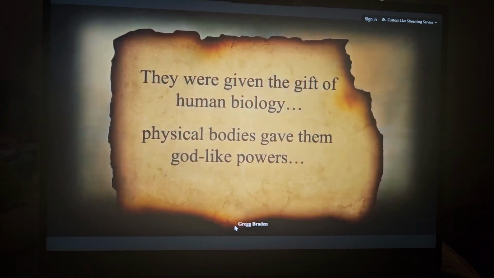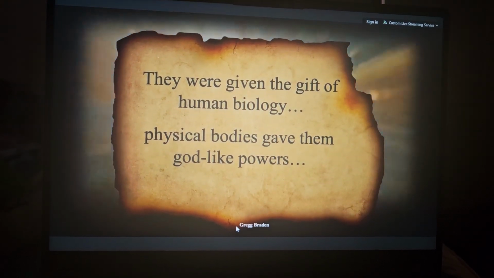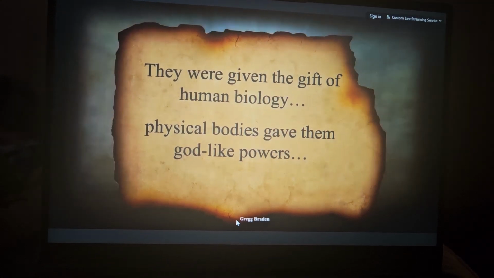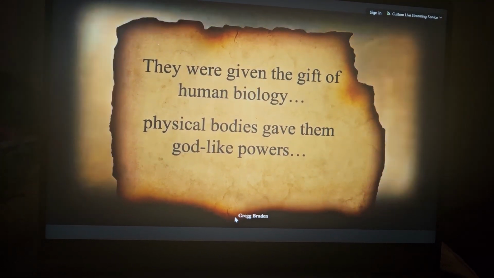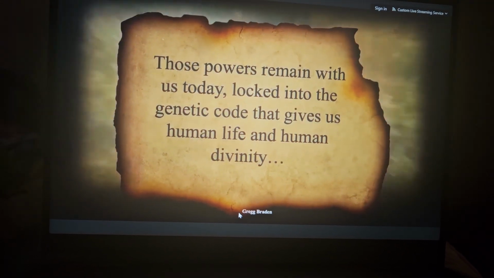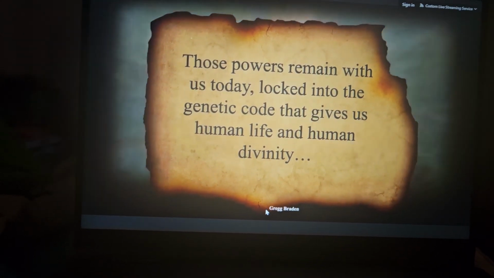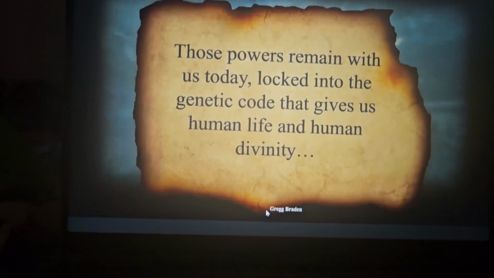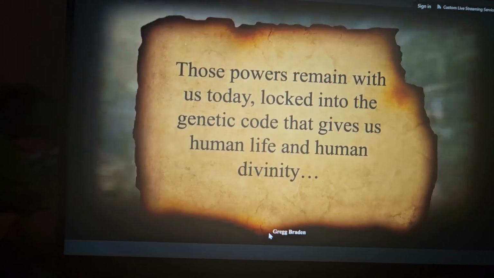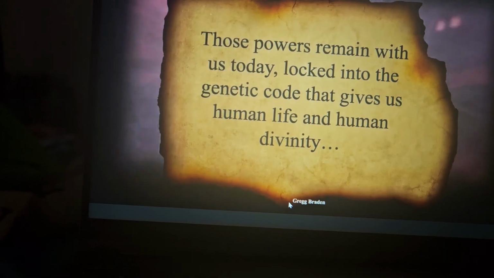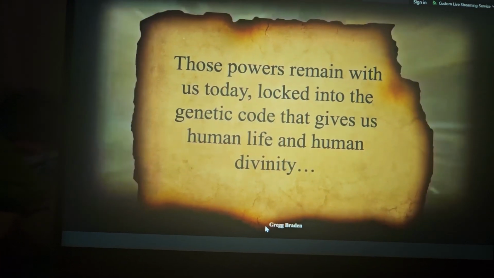We know that gift today is the gift of biology, DNA. The biology and the DNA that gave them God-like powers. And those powers, they're with us today. They're still locked into the genetic code. It gives us human life, and it gives us human divinity. Something that was given to no other form of life.